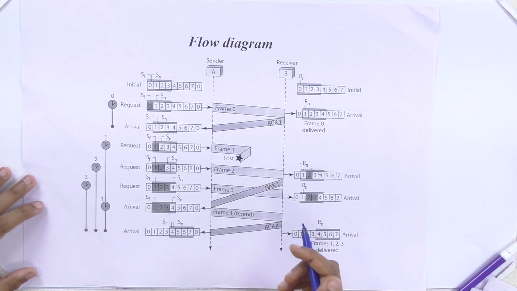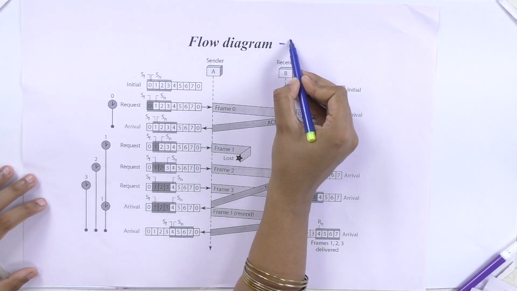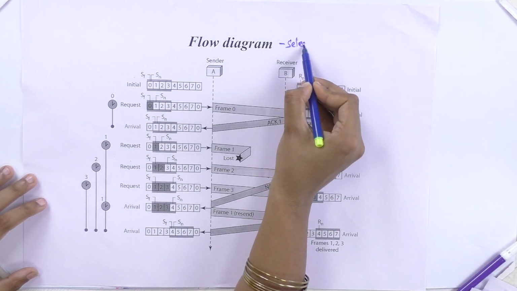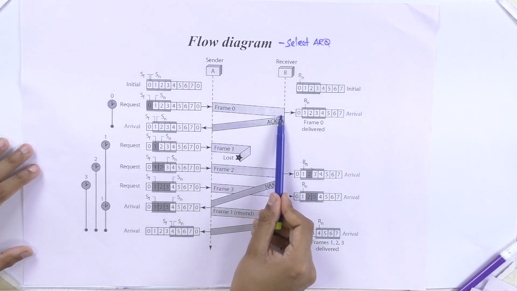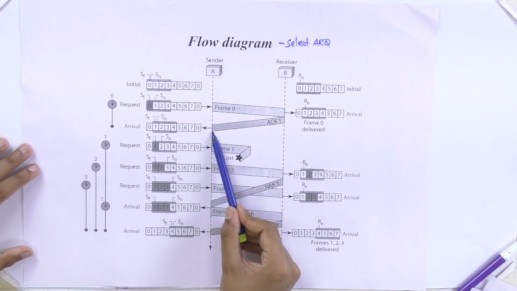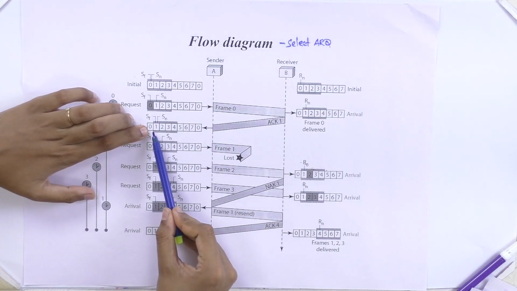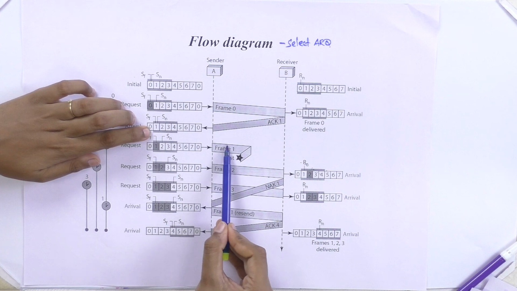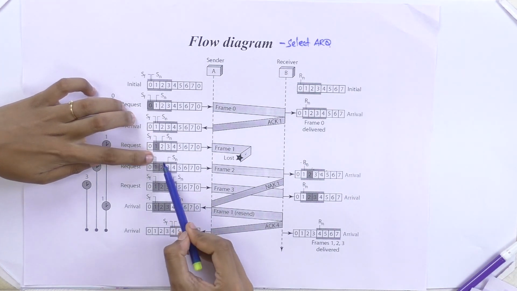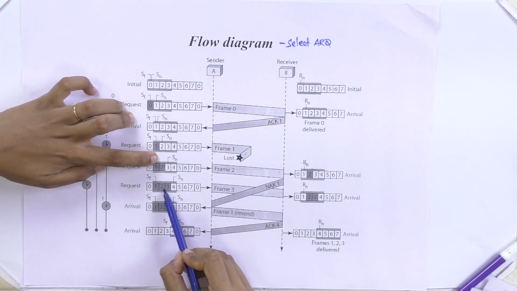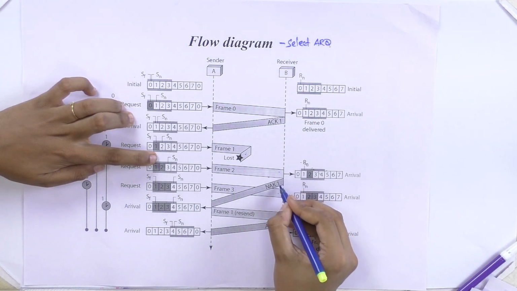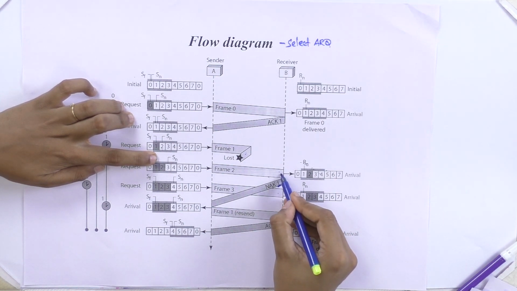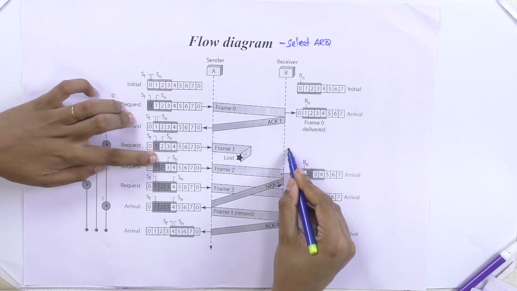So this is a flow diagram for your selective repeat ARQ. So here the frame 0 has arrived, the acknowledgement has been got. So the window slides. Now frame 1 is lost, and then frame 2 is sent, and then frame 3 is also sent. So the receiver gives a negative acknowledgement of 1, which means that frame 2 has been received, but he did not receive frame 1.